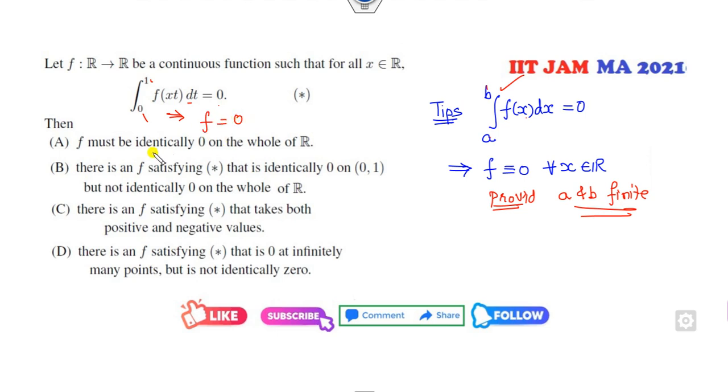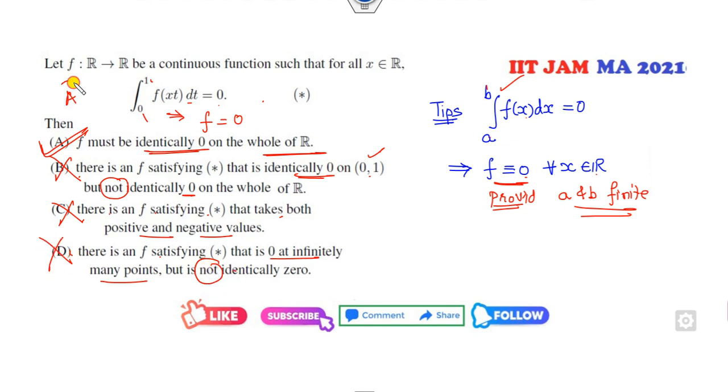F is identically 0 on the whole of R, which is the correct answer. F identically 0 on a subset of R but not identically is a wrong answer. F taking both positive and negative values is wrong, because f is basically a zero function. F being 0 at infinitely many points but not identically 0 is the wrong answer. So A is the only correct answer.